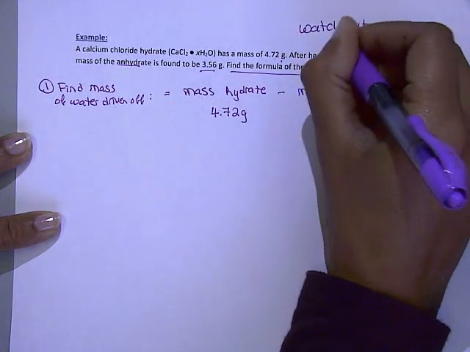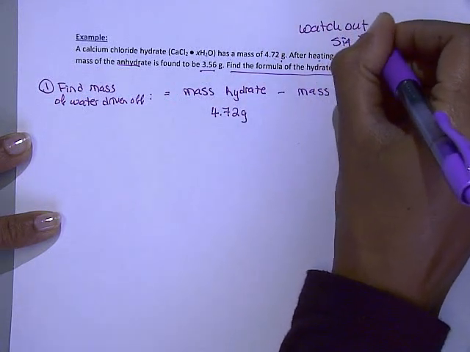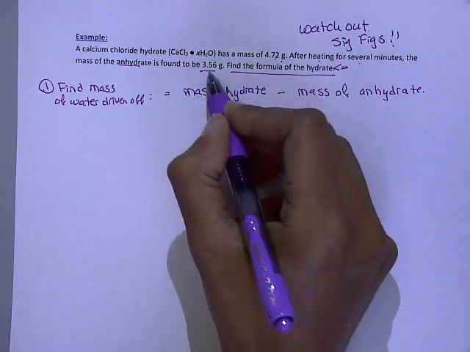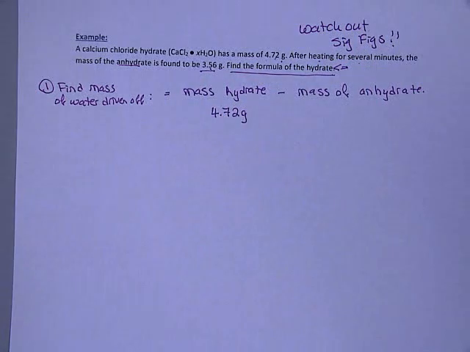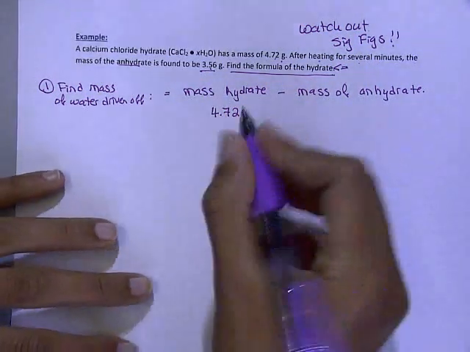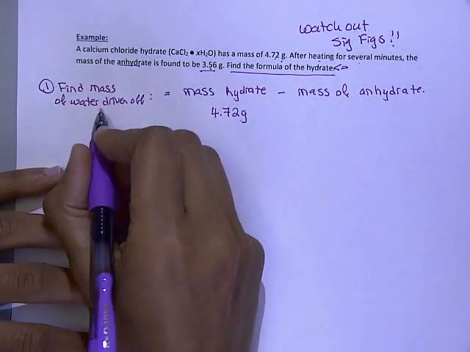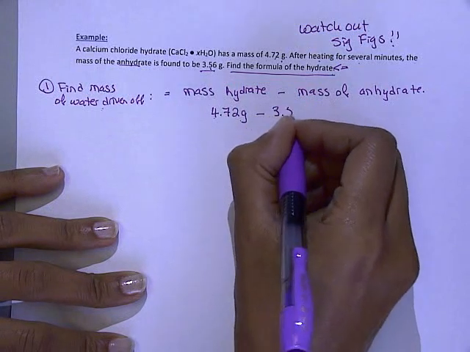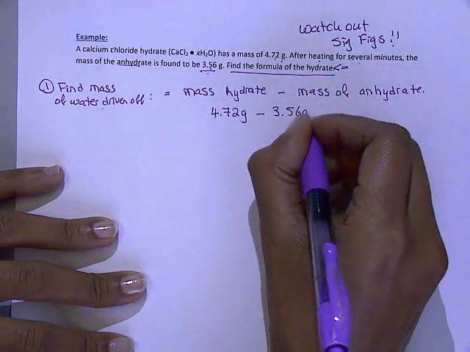Sig figs. You can't forget about them. Here we have 3 sig figs, here we have 3 sig figs, which means our final answer is in 3 significant figures. Remember, don't round early, keep them all until the very end. So to find our mass of water driven off, our mass of hydrate minus our mass of anhydrate, which our problem tells us is 3.56.